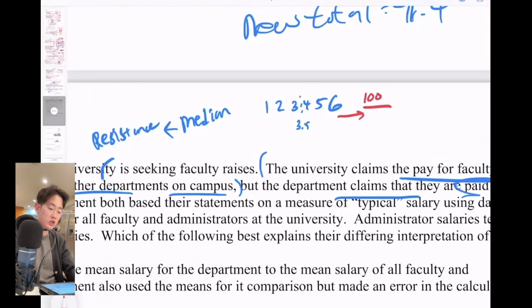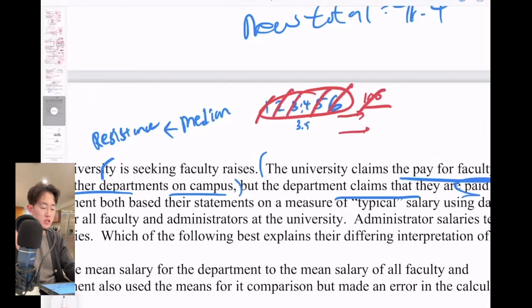Like, it will change from 3.5 to something that's way bigger than that. But for the median, because you're crossing out the 100 with 1 in equal portion, you keep on crossing out the middle, and now your median is only up to about 4. So it did change, but it changed so slightly that we call it resistant to these extreme changes that could be brought upon.